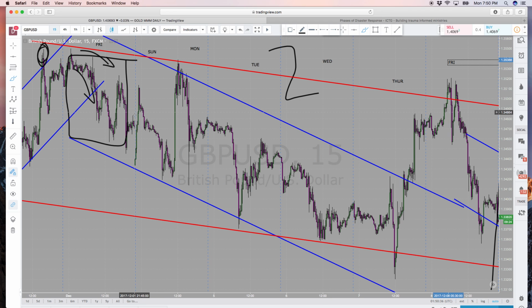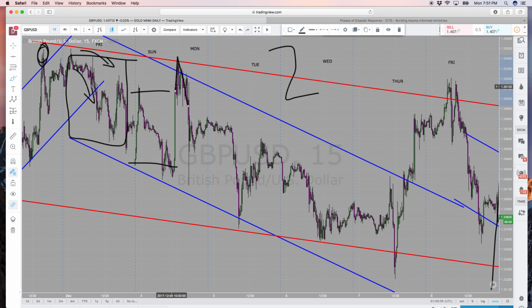So, the week starts off basically in consolidation here. A very large spread consolidation of about like 80 pips. And then we can see a break to the high.